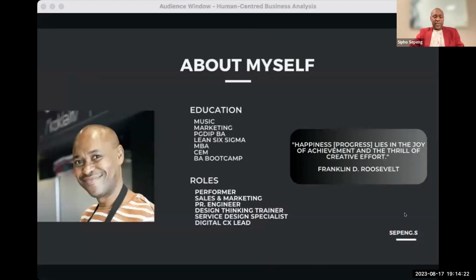So a bit about myself. Deborah has already provided a comprehensive overview of that, but I wanted to point you to the quote there on the right that says, happiness or progress, as I've added there, lies in the joy of achievement and the thrill of creative effort.